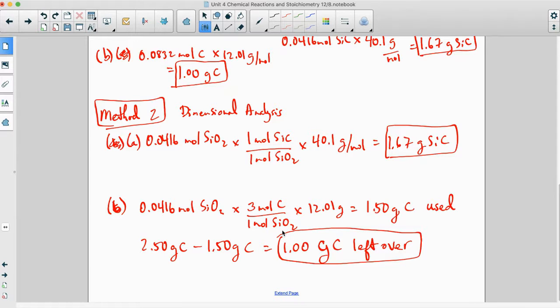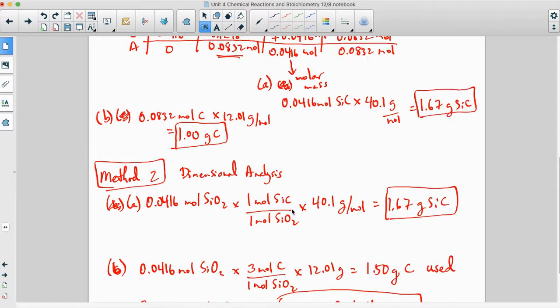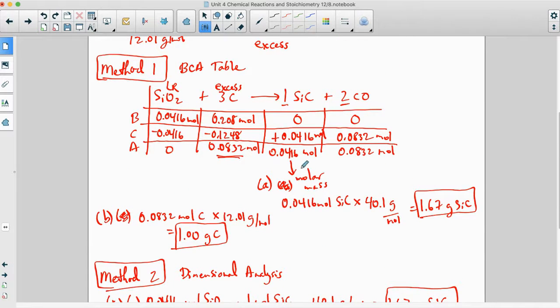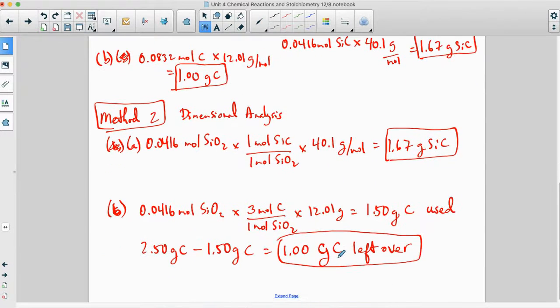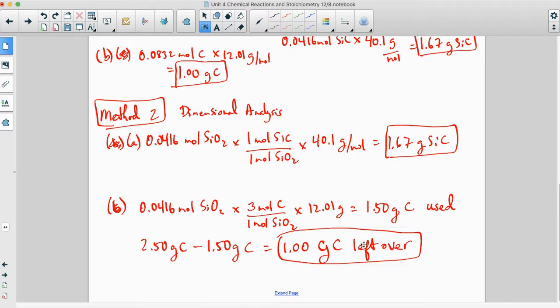Okay, so this method works perfectly fine too. You just have to keep a little bit better track, right? It's not organized for you like in the BCA table. You have to spend a little more time thinking about what quantities you need to find and what those quantities represent.